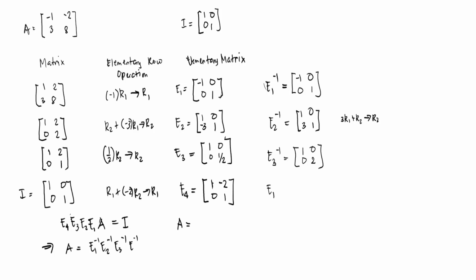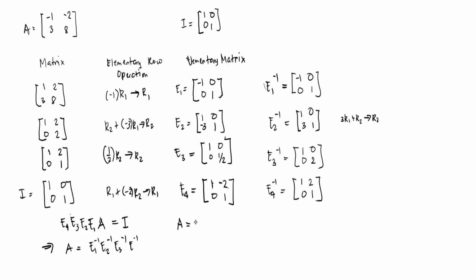And then lastly, for the inverse of E sub 4, to convert this back to the identity, we multiply row 2 by positive 2 and then add to row 1. Therefore, we have 1, 2, 0, 1 as the inverse of the elementary matrix E sub 4.